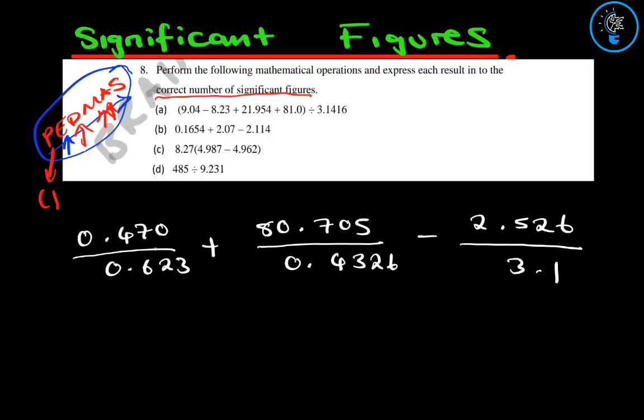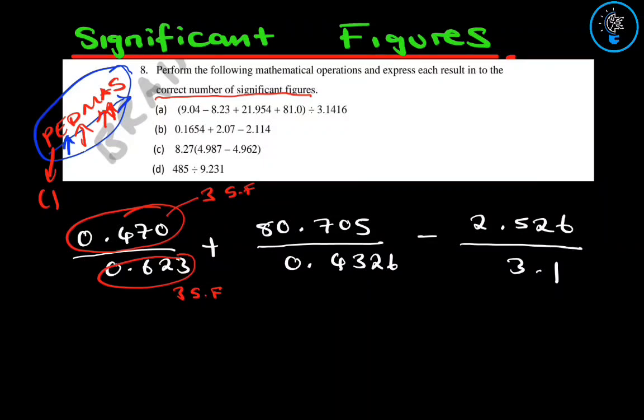So let's do the division. Under division, we know significant figures is what matters. In this one, we have 3 significant figures on top and 3 significant figures on the bottom, so our answer on this part must have 3 significant figures.